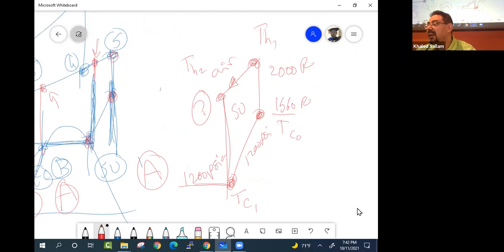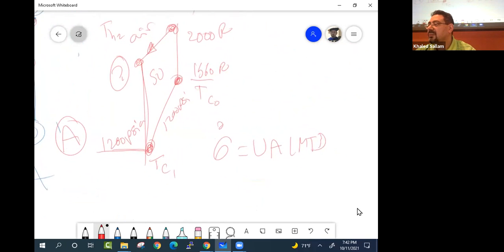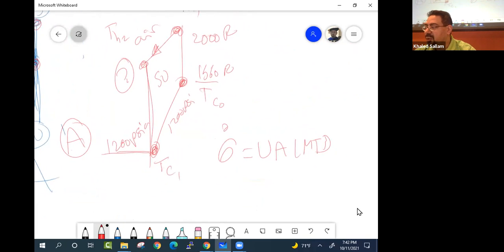To calculate the area, I need the 4 temperatures. Then I can use Q dot is UA times the logarithmic mean temperature difference. So do I know the Q dot? It's Q dot cold, right?